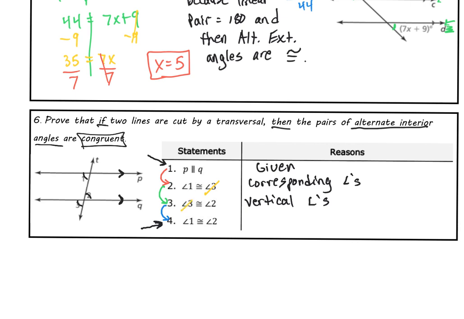Eliminate what's the same, combine what's left. Angle 1 is congruent to angle 2. And the name of that property is the transitive property. And that is our two-column proof.